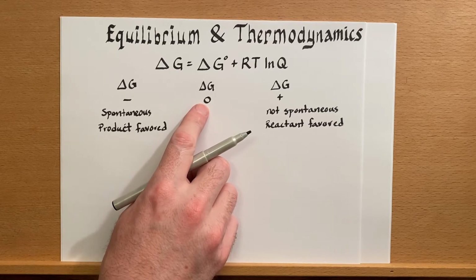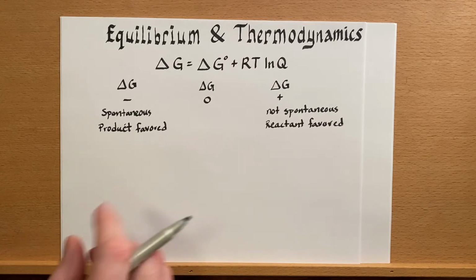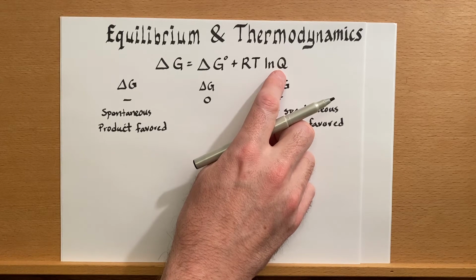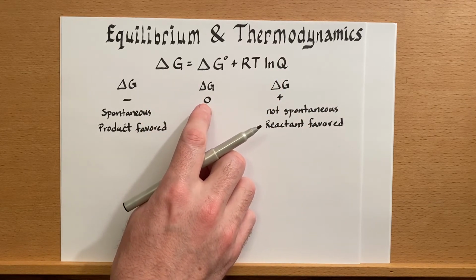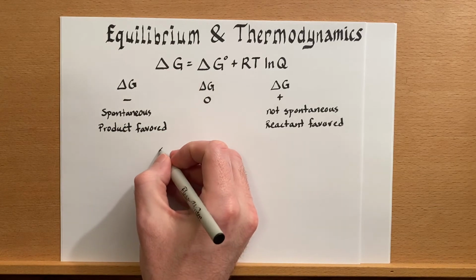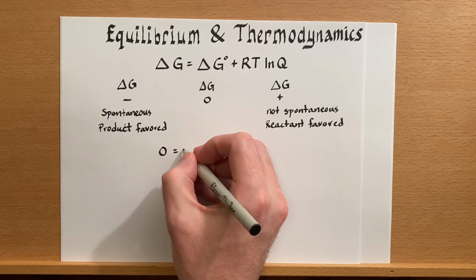So, in that case, we could take the above equation and write a new one and replace Q with K, our equilibrium constant. So if we have the delta G actually equaling 0, then we can write the equation like this.